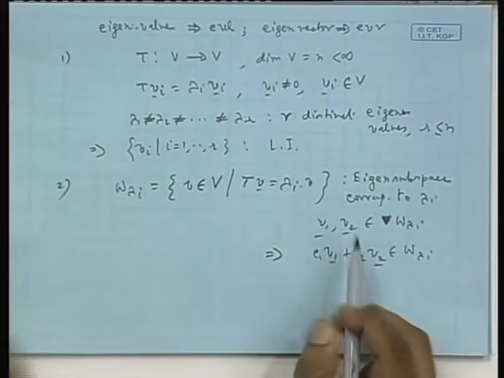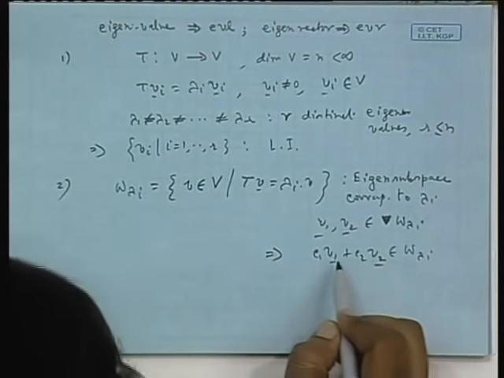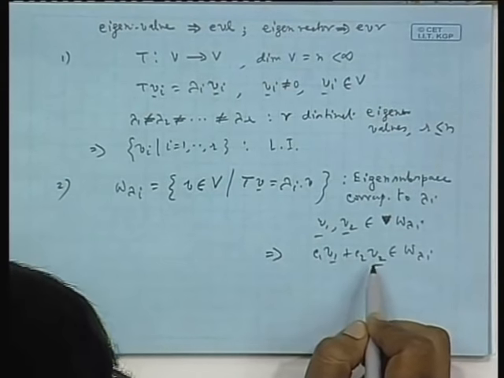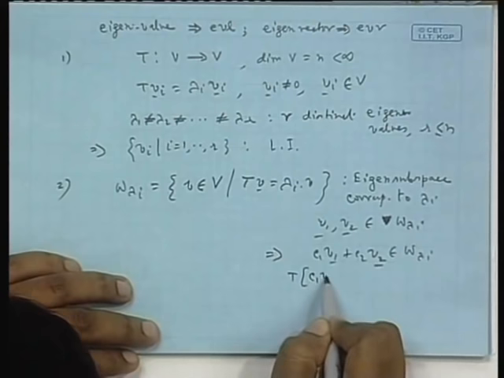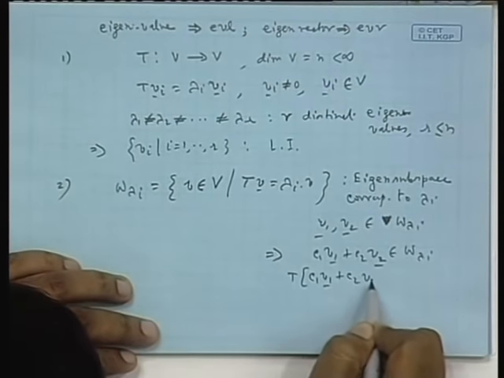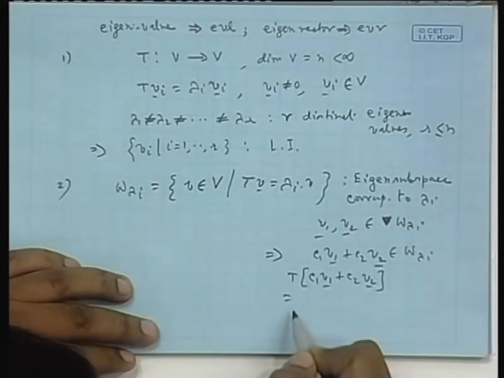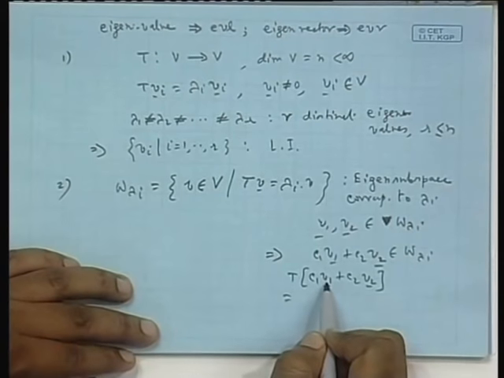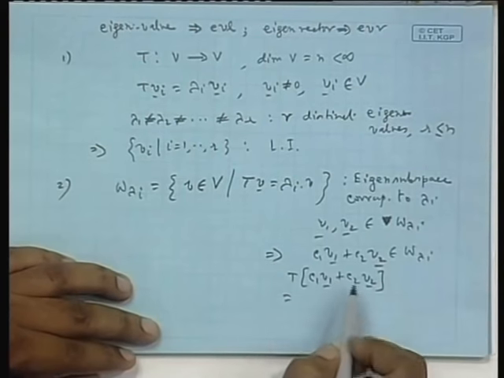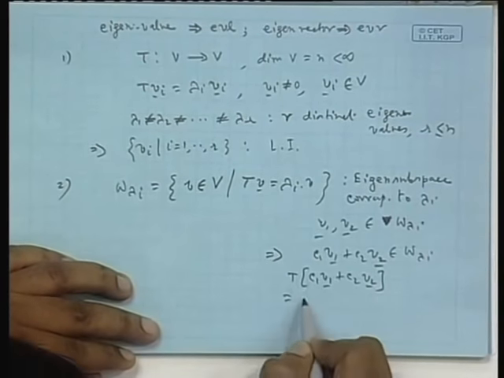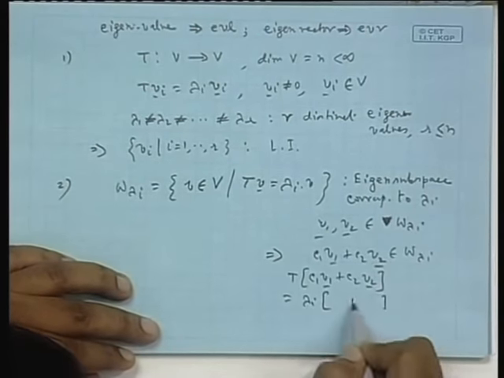If I take T over this, we did this last time, then using linearity T should be working on V 1 and T on V 2. T V 1 is lambda i V 1, T V 2 is lambda i V 2. So, you can take lambda i common and you get back the same vector.